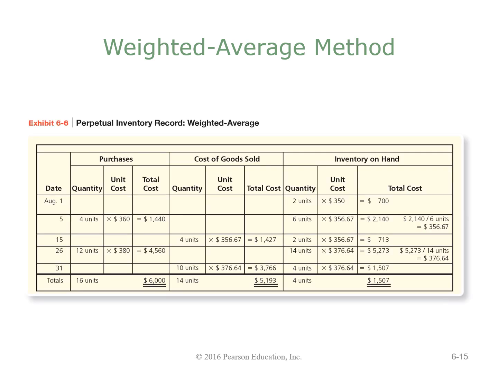As you can see here, we started again with our 2 units at 350, which is 700, and then we got 4 units. So now we have a total of 2 units plus 4 units, which is 6 units, and we multiply that by 356.67 per unit, for a total of $2,140. How did we get the 356.67?